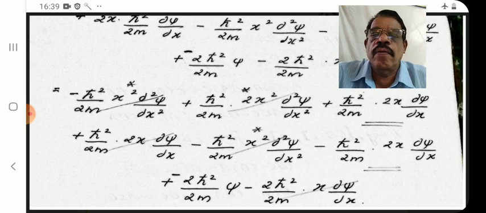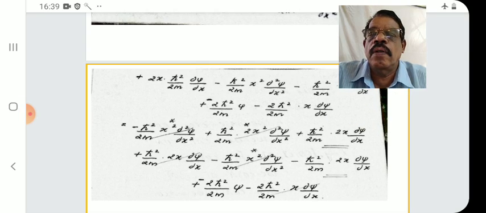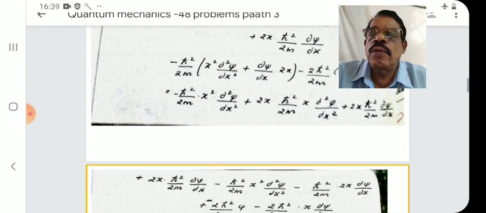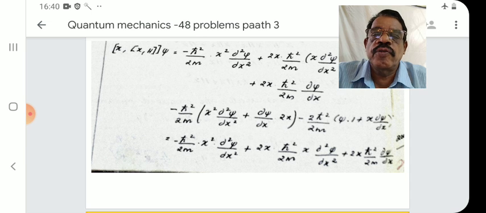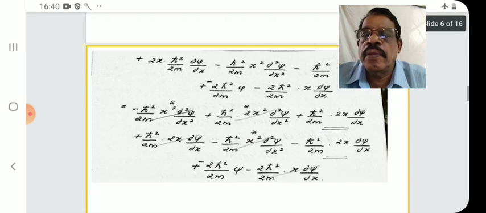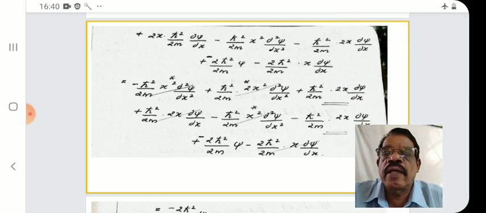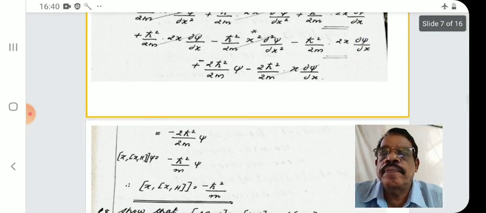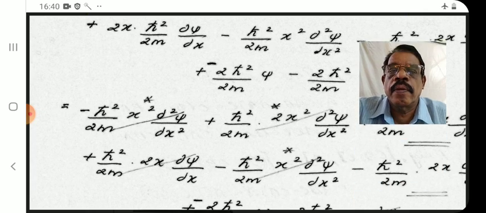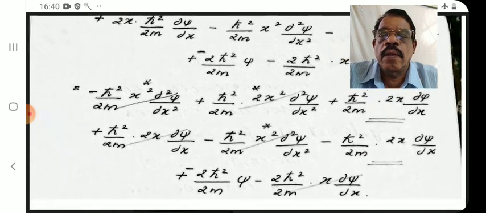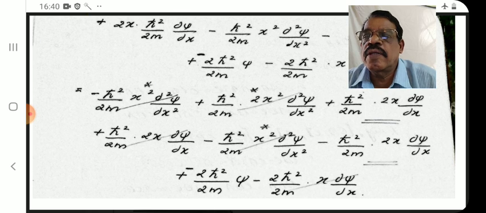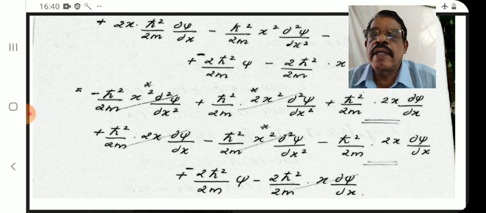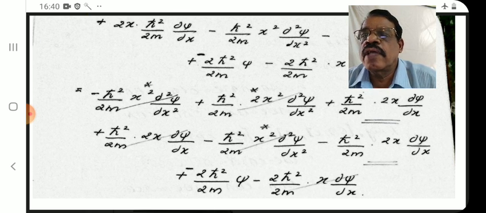Now the step is you remove the brackets. In the above steps there is bracket. We remove the bracket. When we remove the bracket, we get minus ħ²/2m. I am reading the third line, that is equal sign.